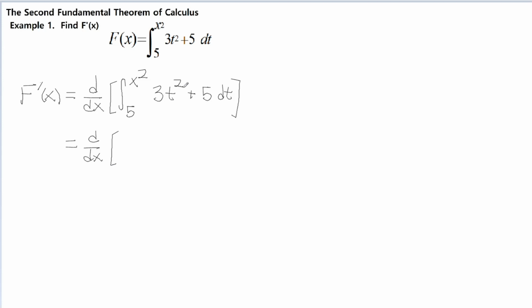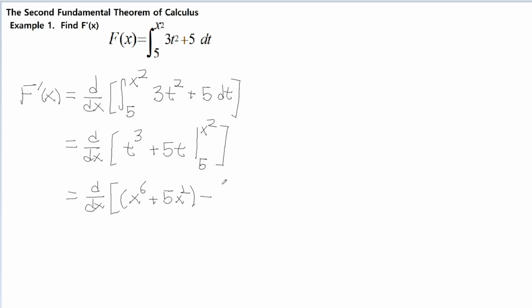The integral of 3t squared plus 5 is t to the third power plus 5t, from x squared to 5, which is equal to the derivative of x to the sixth power plus 5x to the second power minus 125 plus 25.